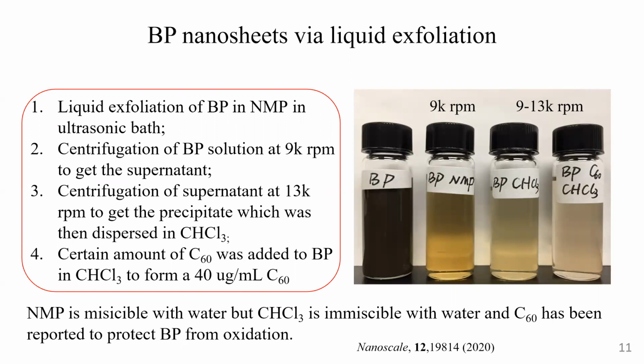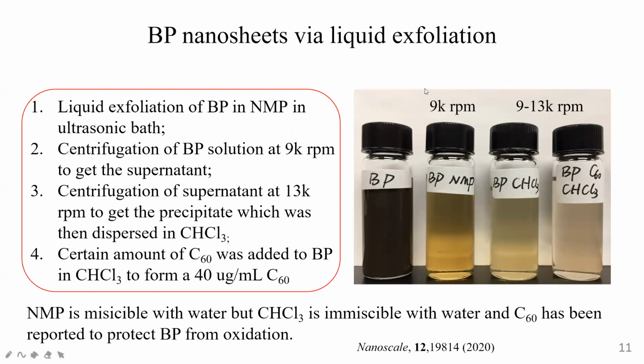Then we first fabricated black phosphorus nanosheets using liquid exfoliation, since NMP organic solvent has been demonstrated as an effective solvent to exfoliate BP. So we used NMP as the solvent to exfoliate BP in ultrasonic baths. Here is the image of the obtained BP suspensions.